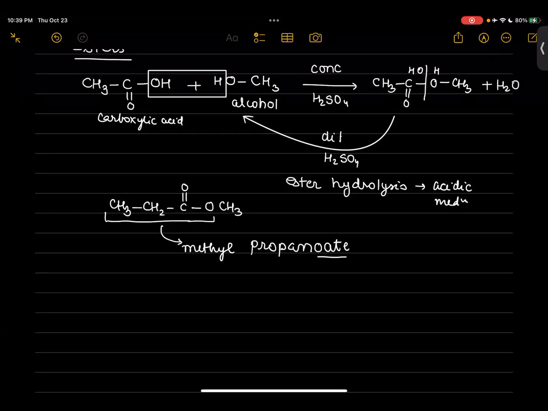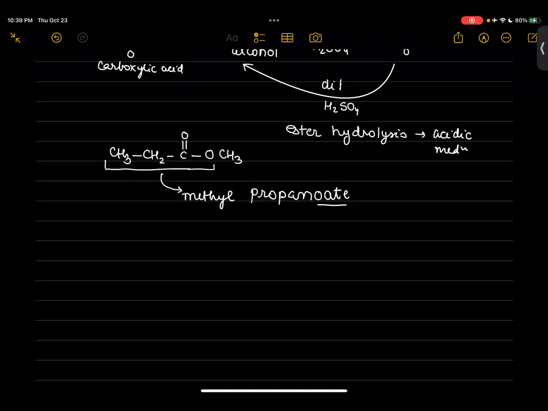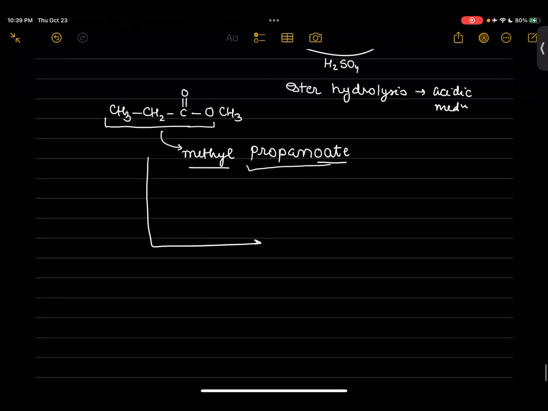Okay. So esters are named like this. This is the parent chain and this is the substituent, connected to that oxygen. Remember it like this. So methyl propanoate, if we carry out the hydrolysis in acidic medium, what are the components which we are going to get from the hydrolysis of methyl propanoate?